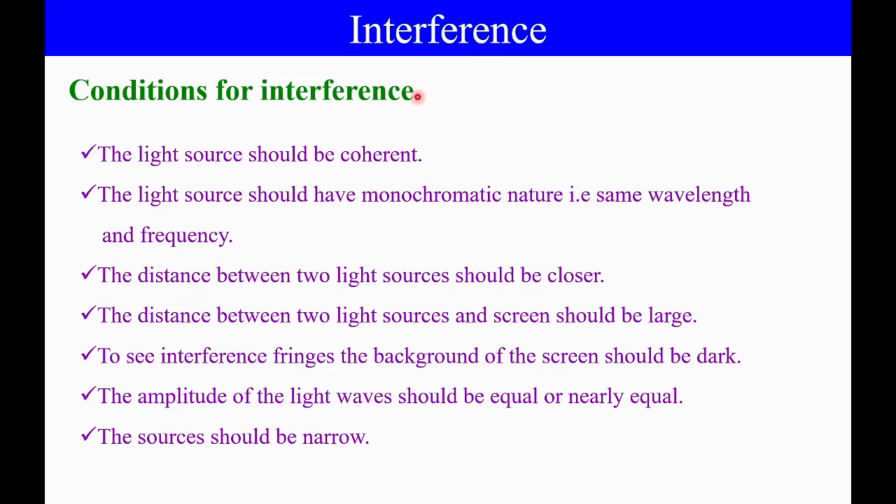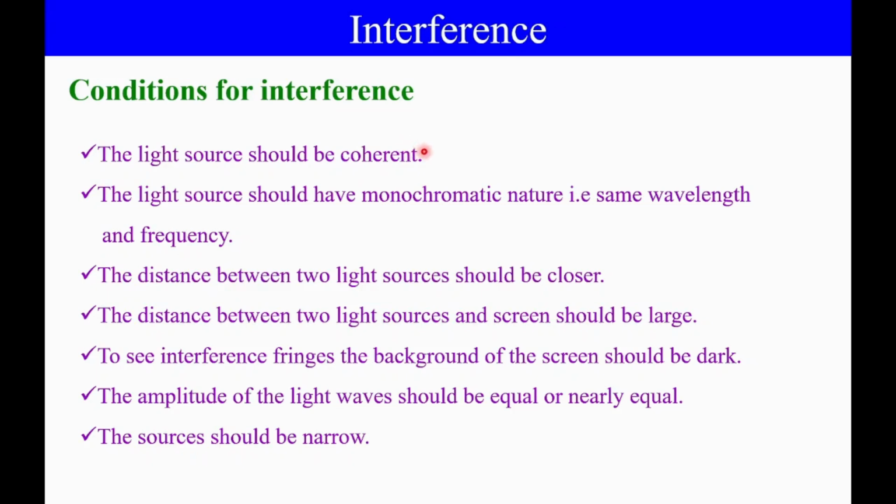In order to get interference of light, we have to follow some conditions. Now we will discuss what those conditions are one by one. The first and foremost important condition is that the light source we use should be coherent in nature. What is the meaning of coherence?